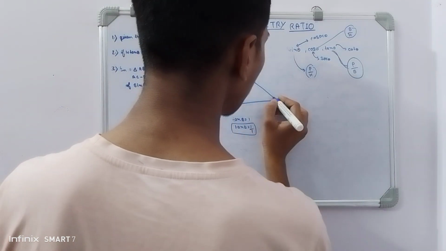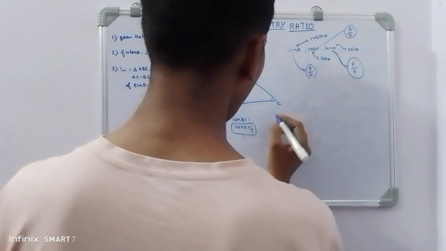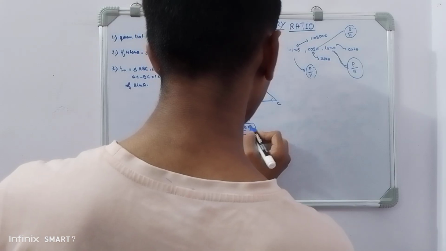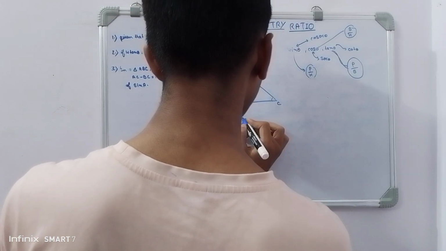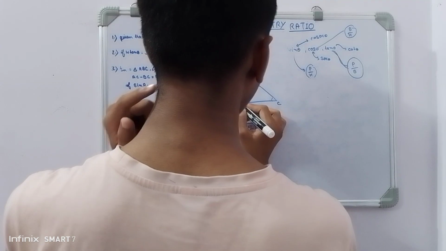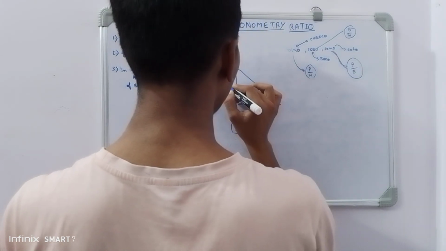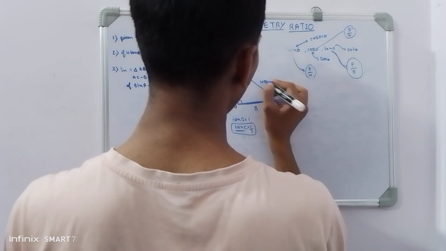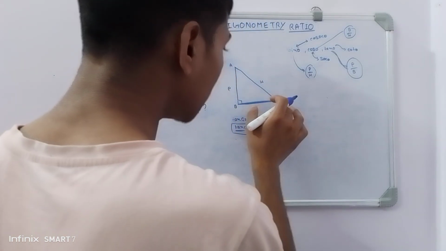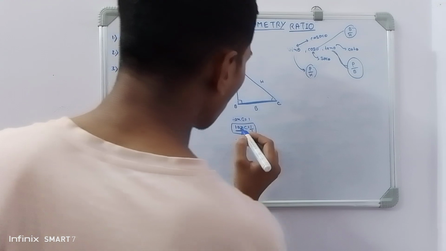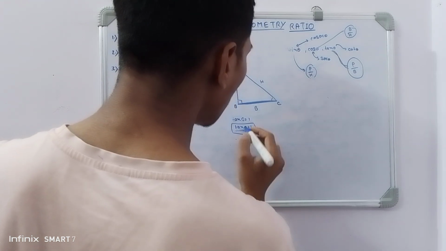And as you know, for this angle C, this is going to be the base, this is going to be the perpendicular, and this is the hypotenuse. So what is the meaning of tan?